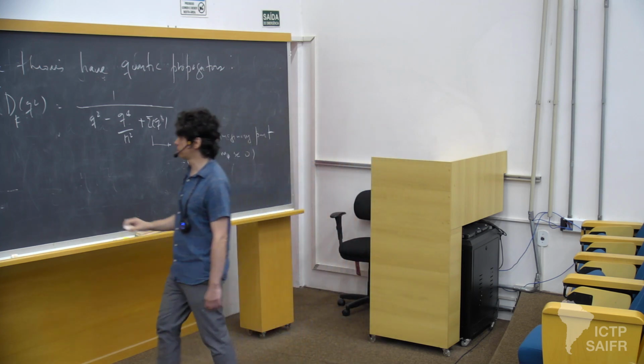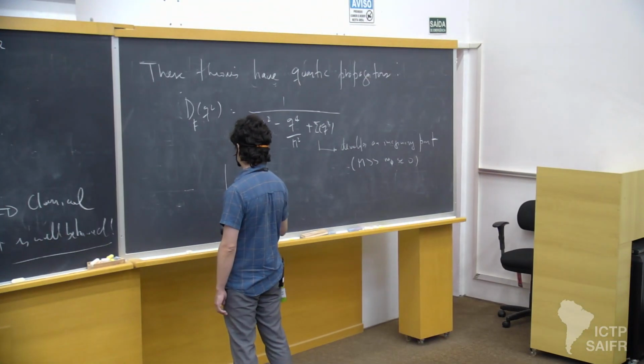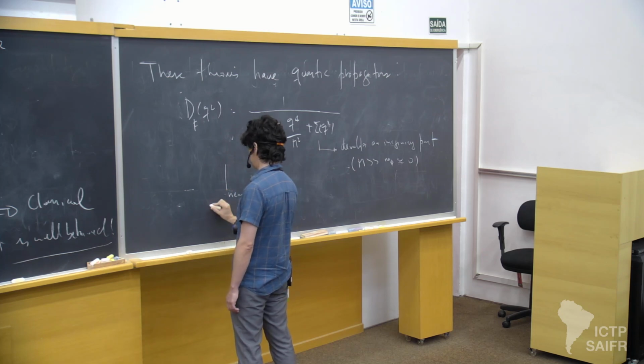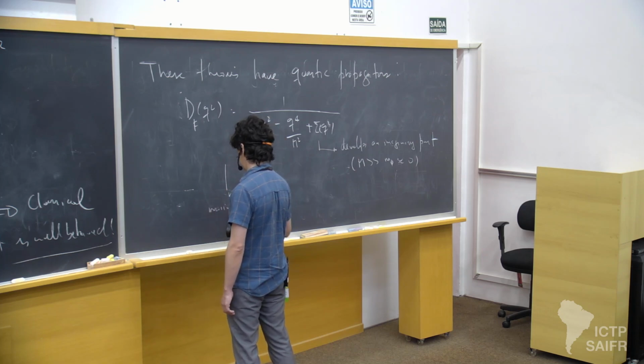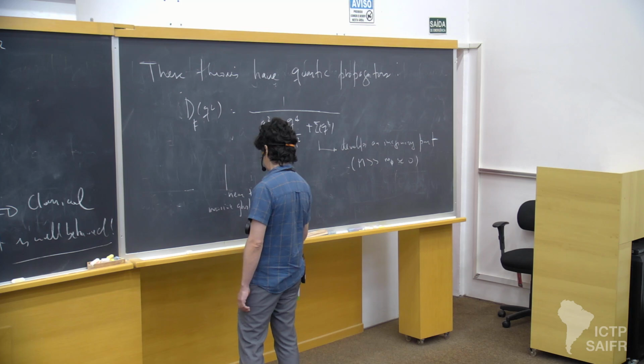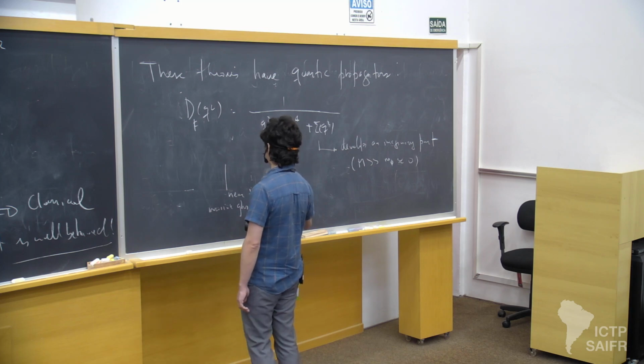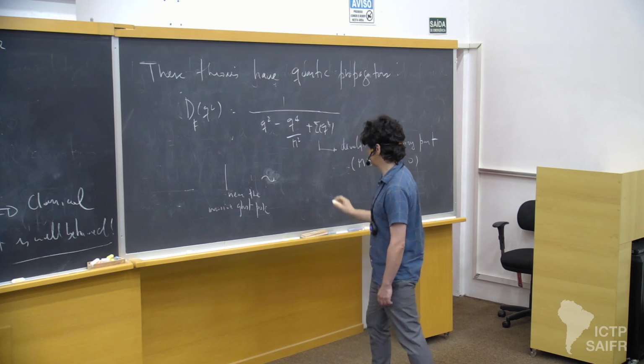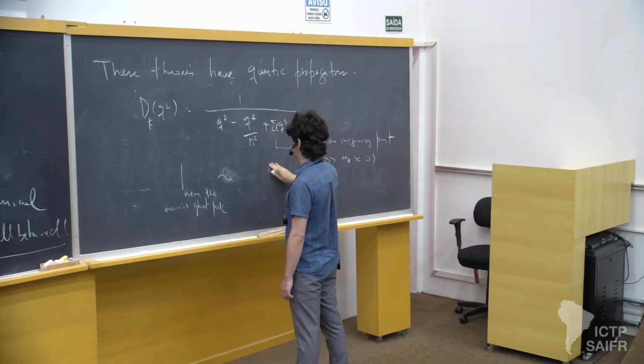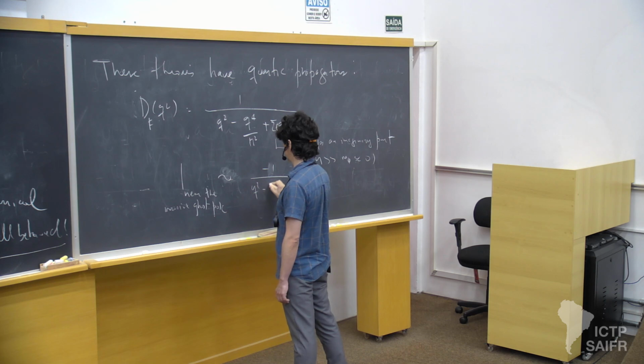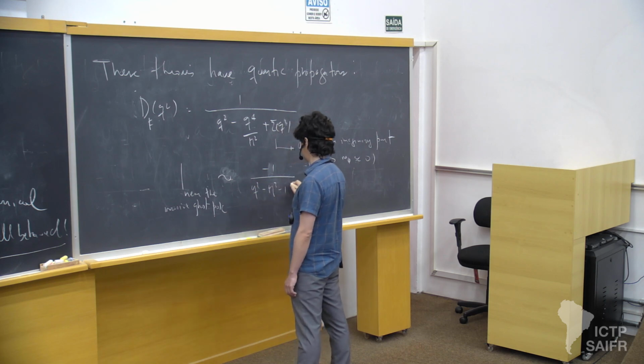So near the pole, let's say, near the massive ghost pole, you can just do a Taylor series expansion, and you're going to find a result resembling what we have written here, right?